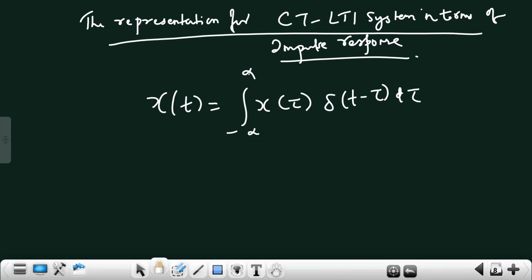This is nothing but the weighted superposition of time shifted impulse response.